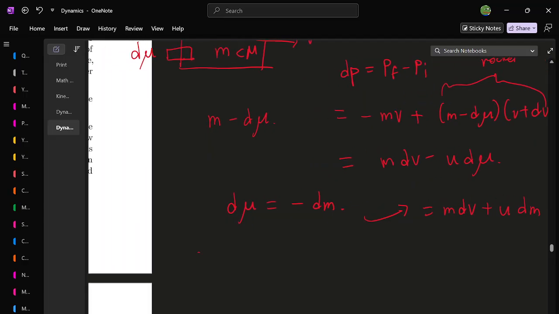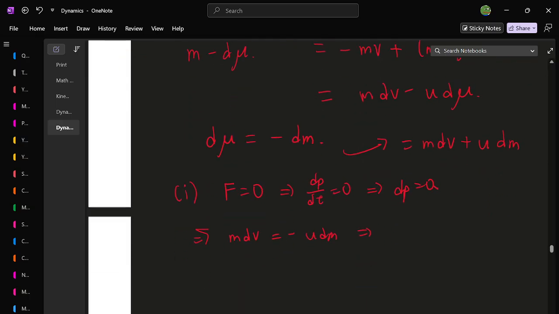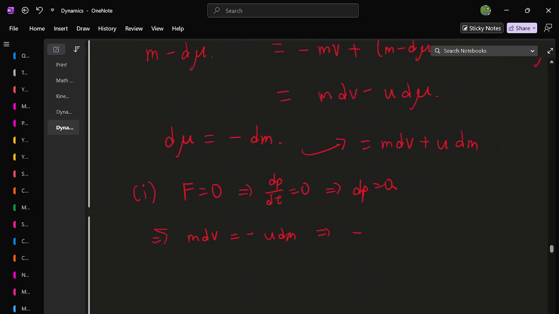Now, in question I, we said that the rocket travels in no gravity. If there's no gravity, force equals zero, dp dt equals zero, so dp equals zero. So we just have m dv equals minus u dm, and we can just do dm over m equals minus 1 over u dv.